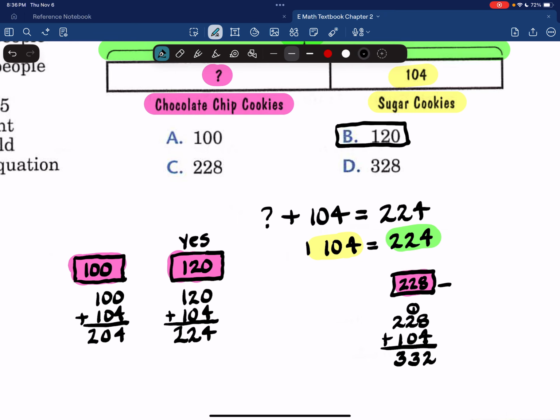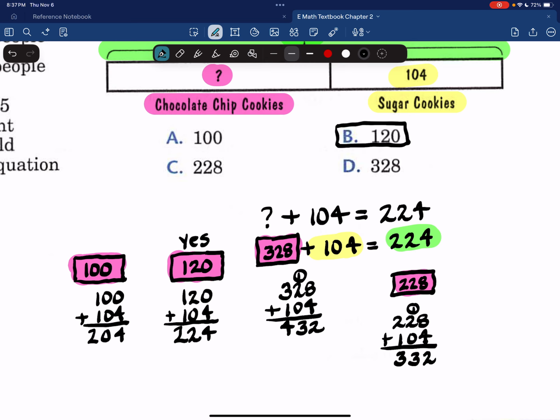You are doing algebra. So if you've always been afraid of algebra, don't be. You're doing it now. Let's put the 328 in. And if this is not making any sense to you, don't worry. It will in time. Just do what you can. Remember, you can always talk with your teacher. So 328 plus 104, carry 1, and that is way too big.